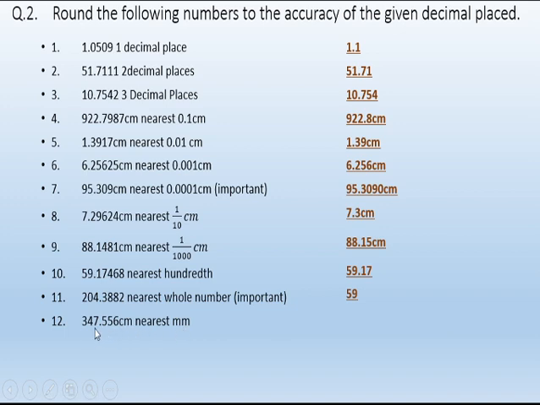So that's why we'll be writing 347.5 and removing 6. The last two digits will be removed, but the first removed number is 5, which is 5 or more, so that's why we'll be adding 1 here, so 347.6 will be the answer. So this is the right answer.